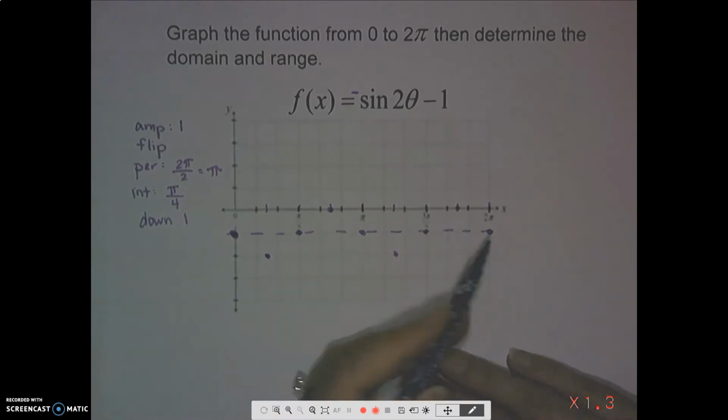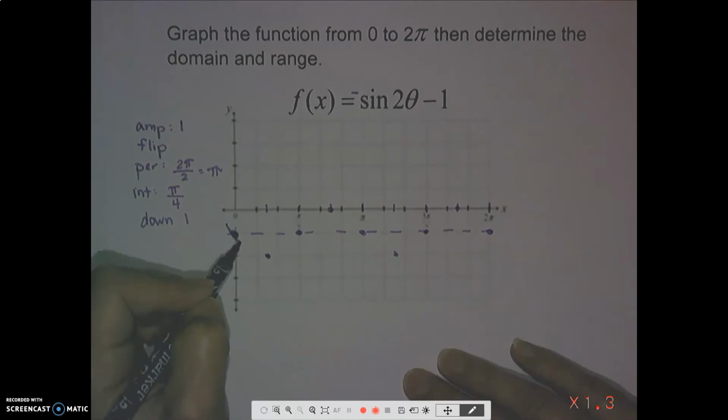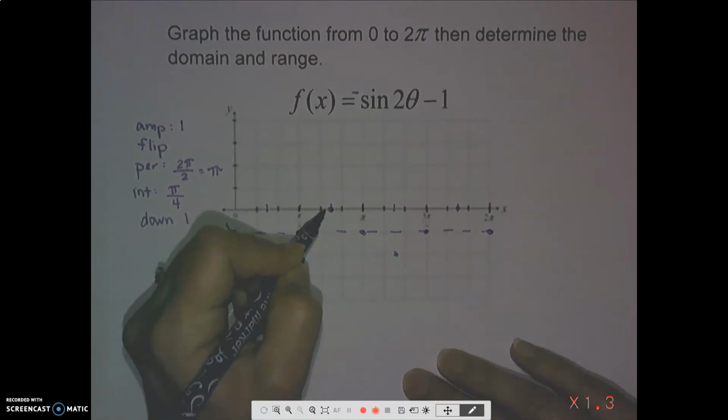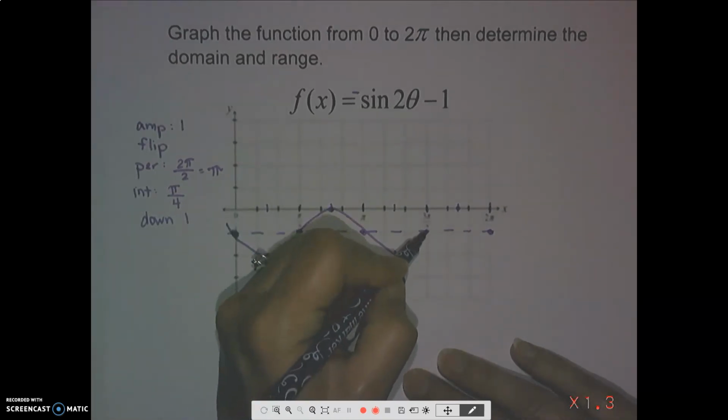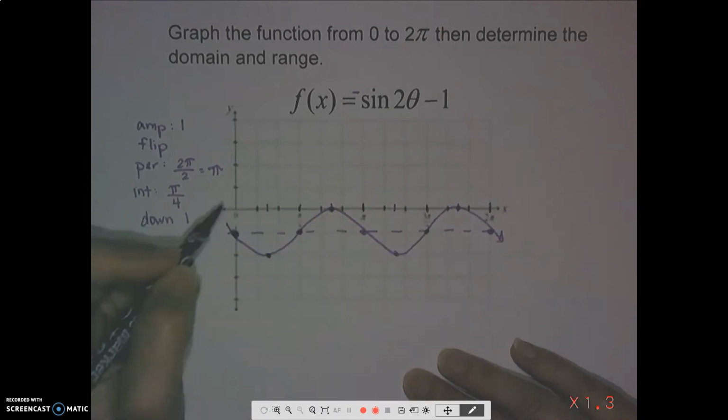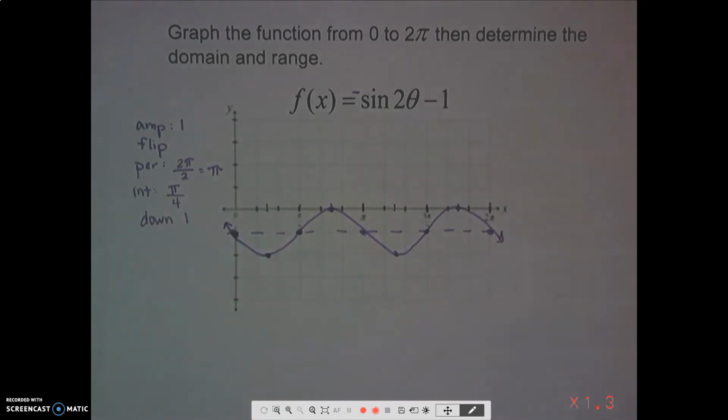By the time we made it to 2 pi, we finished 2 sine curves here. Okay, and that's what this looks like.